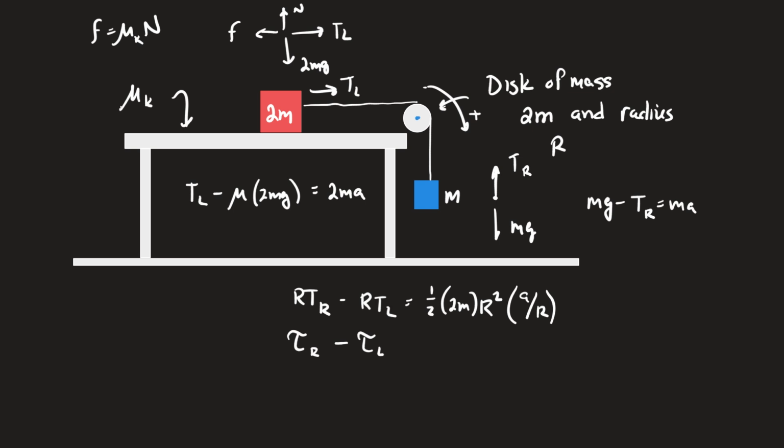So unless it's specified that there's friction in the bearing of the pulley, we can assume that the pulley itself isn't experiencing friction because it's just spinning. Is that okay? Because it's not friction from the blocks. We're talking about from the pulley itself. The forces acting on it. Yes, we're talking about the forces acting on the pulley itself.